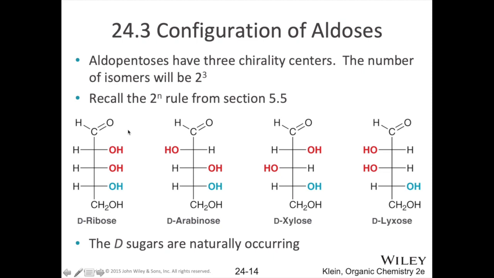All right, so here are half of all of those for the aldopentoses. We have our 3 chiral centers. We have ribose, where all of these are on the same side. And here we've got arabinose, xylose, and lyxose. And of course, if we just do the mirror images of each of these, we then have the L isomers.